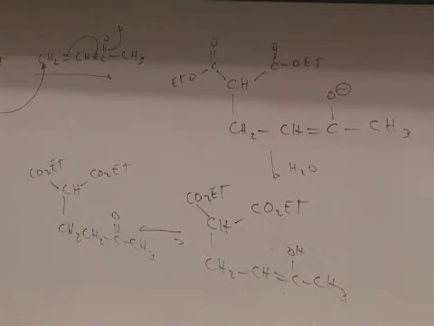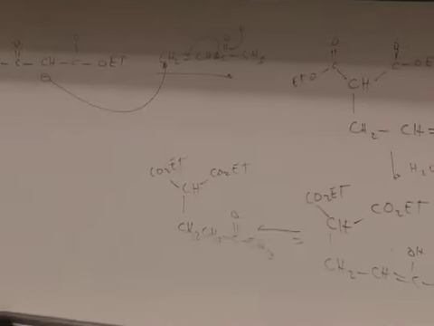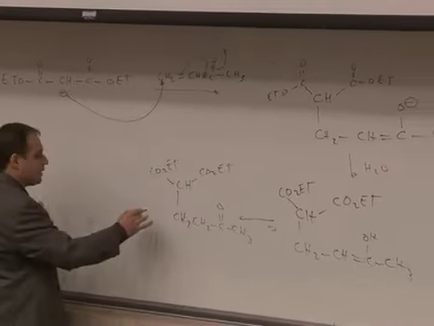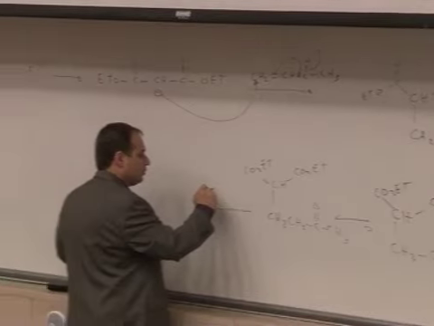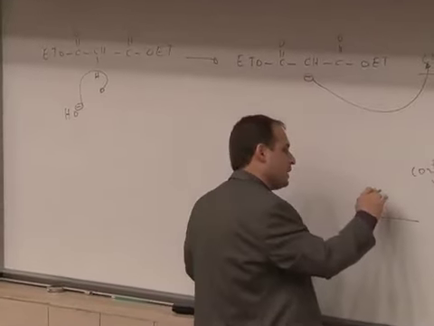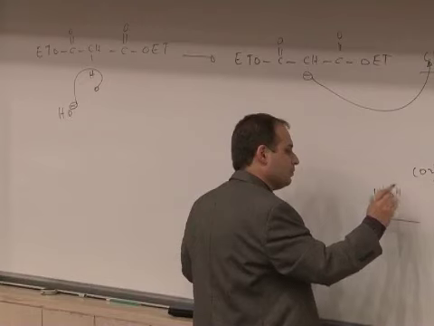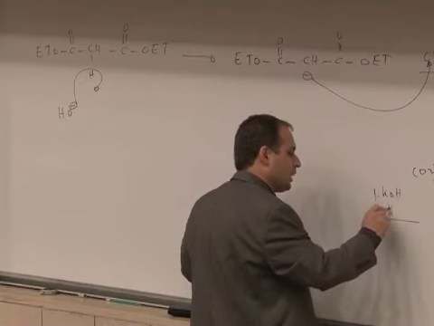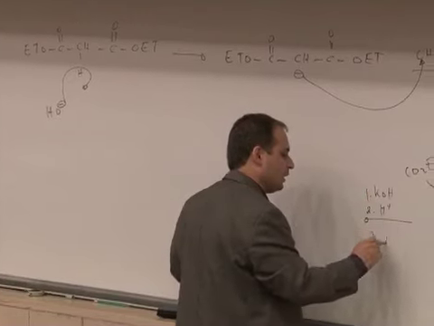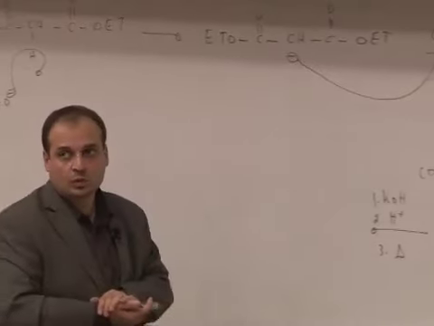Now, if you take the Michael addition product and you perform saponification and then protonation and then heating it up, you will be synthesizing a ketone. So if you add, which is on the next slide, KOH and then H plus and then heat, what will be the product?